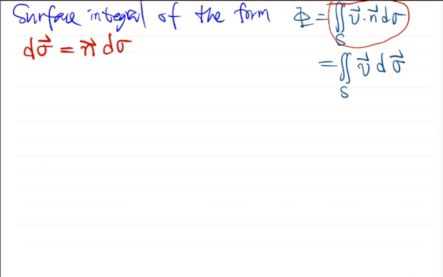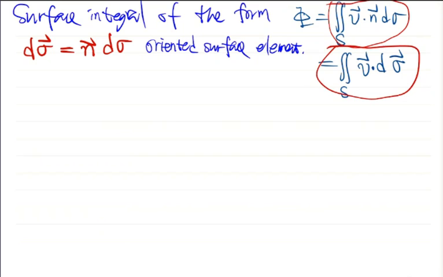So this is the oriented surface element. Using the oriented surface element, our integral can be written in this way. In the study of flow and similar problems, we always need to compute integrals in this form.